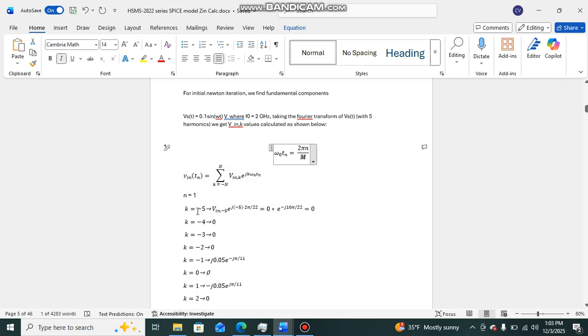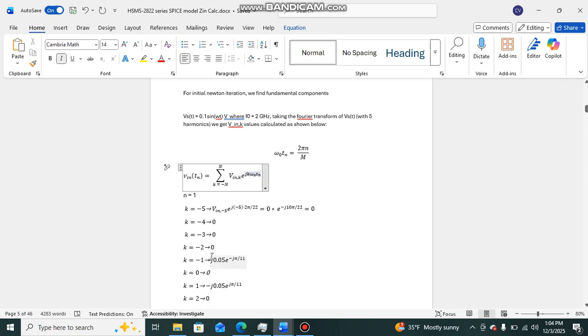So if n is equal to 1, we would have 2 pi times 1, sorry, 2 pi times 1 divided by 22, which is just this. And then you have your k value here. So if we plug in negative 1, 2 pi over 22 reduces to pi over 11.